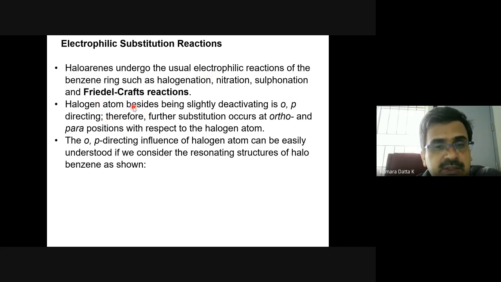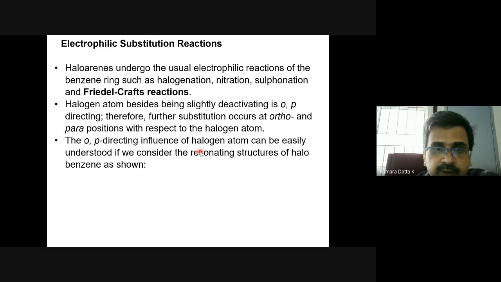Again, it depends on how the halogen atom is being deactivated, by means of ortho para directing with respect to the halogen atoms. Now, you may also look at how the halogen atom can be influenced by ortho or para directing groups.